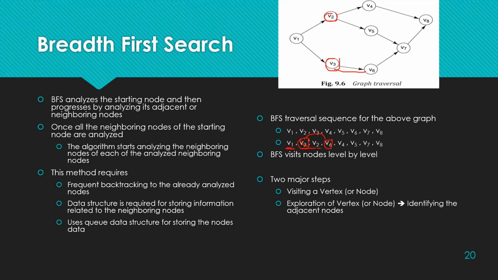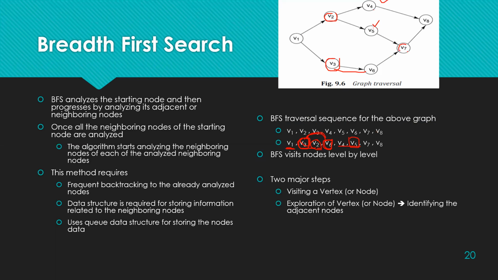Now I visit V3. When I visit V3, the neighbor is V6. And when I visit V2, the neighbors are 4 and 5. So that is what is being given over here. After this, either you visit this or this. So those will be the changes. In this case, they have visited V5.